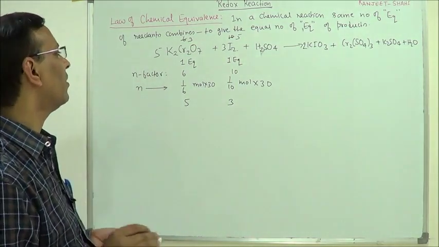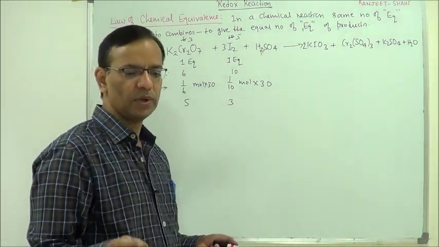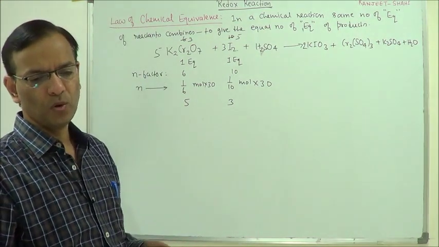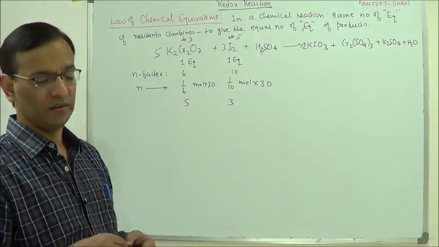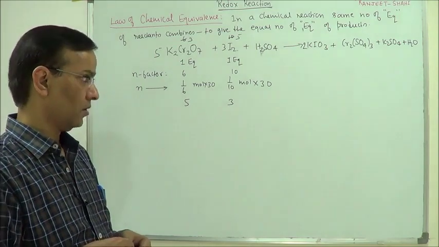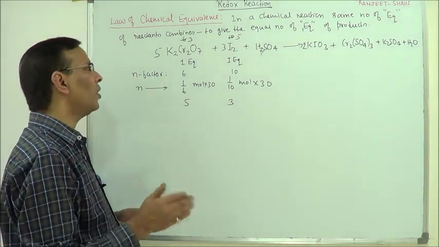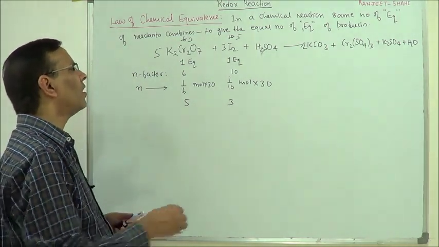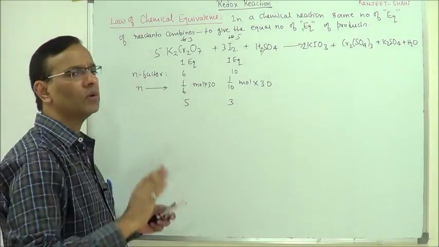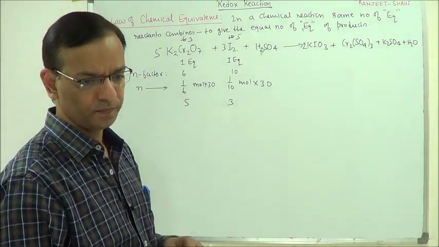So finding the limiting reactant is also very simple using the concept of equivalence. With the help of the concept of equivalence, the stoichiometry of a redox reaction can be solved very easily.